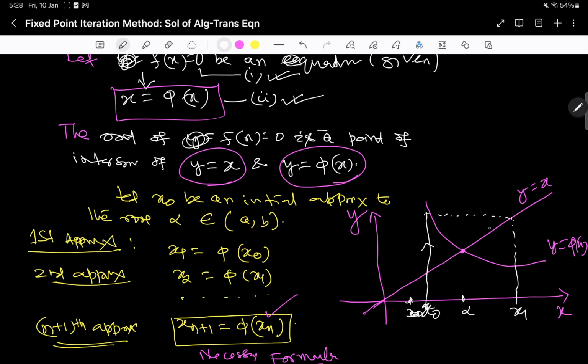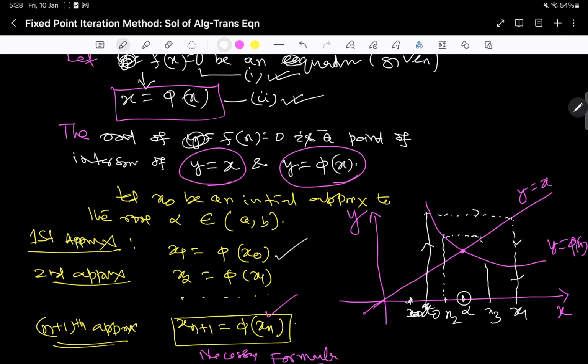Then this x1 needs to be improved to some x2, and this x2 is again improved to some x3. In that way, we come closer to alpha.